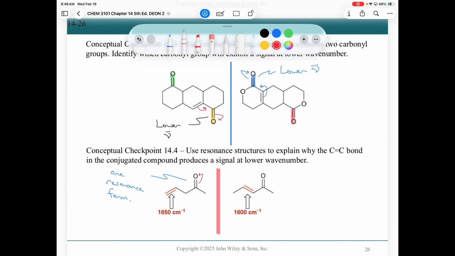But how many resonance structures can we draw besides this one here? How many more resonance forms can we draw? There's two more, right? We can draw one where we delocalize the electrons up here, and then we can draw one where we delocalize these electrons over here. In the interest of time, I'm not going to do it. So this is why, we'll say here, more resonance forms, therefore, lower wave number.